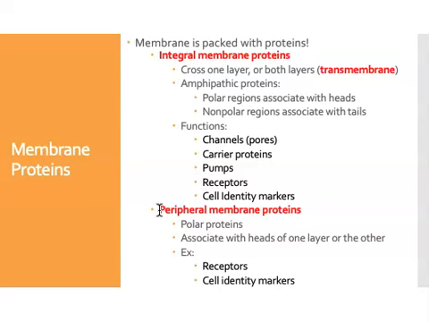Instead, these polar proteins are going to be associated only with the polar heads of one or the other layers of the membrane. Peripheral proteins have a much shorter list of functions. They can function as receptors, and they can function as cell identity markers.